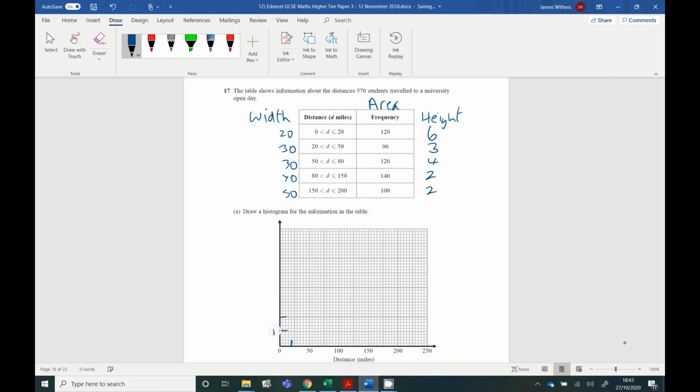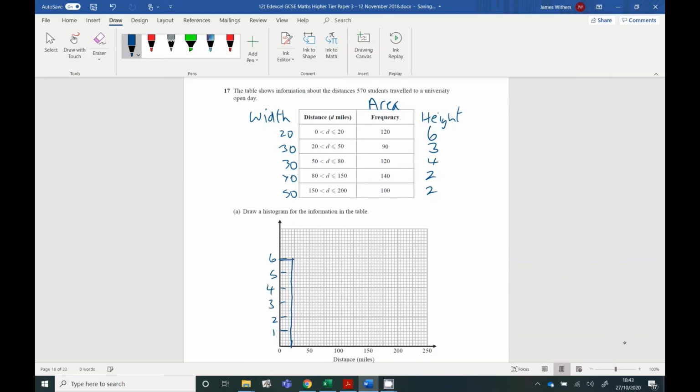It'd be nice to make slightly better use of the graph paper, but I don't think we can practically. So the first bar has got to be 20 wide and 6 high. Using a ruler, please go up 4 squares there and along 6.